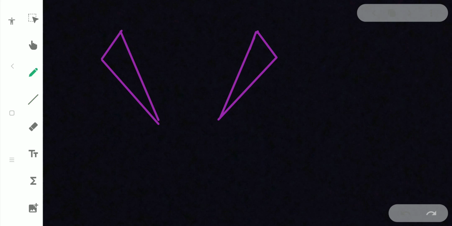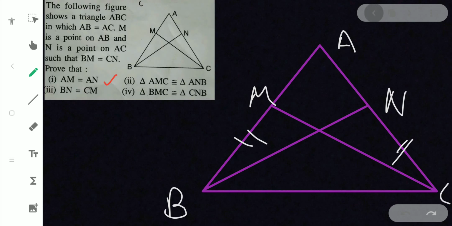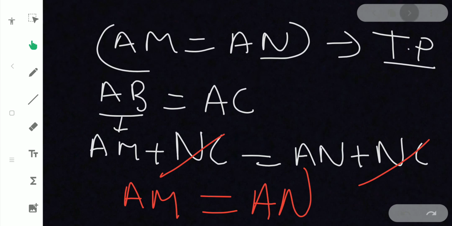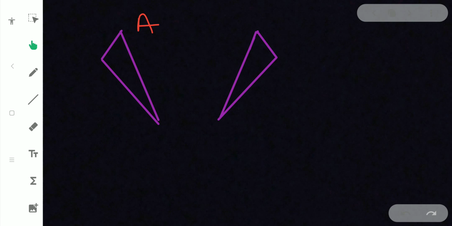ANB. Let me write the name. We are having ANB and AMC.